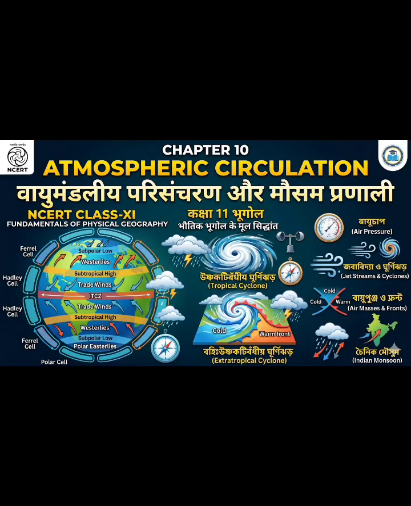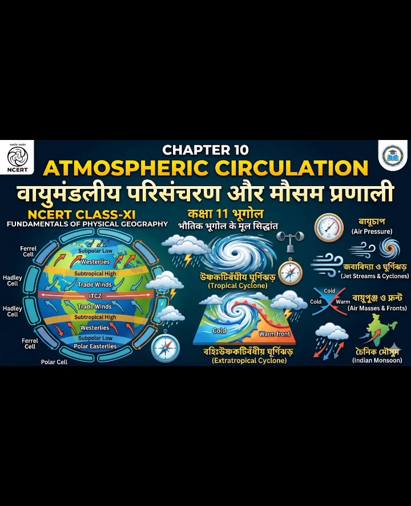Next point is general circulation of the atmosphere. The pattern of planetary winds largely depends on latitudinal variation of atmospheric heating, emergence of pressure belts, the migration of belts following the apparent path of the sun, the distribution of continents and oceans, and the rotation of the earth.